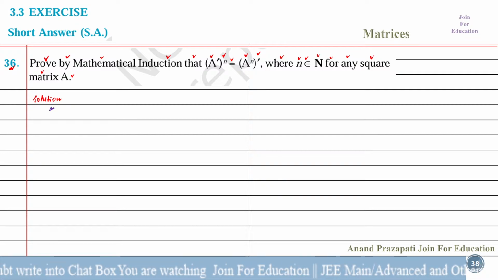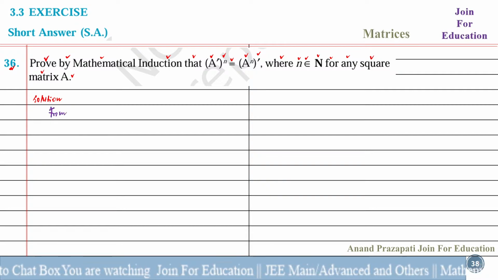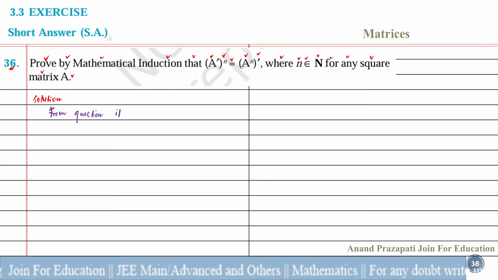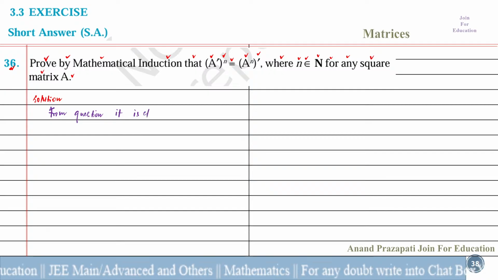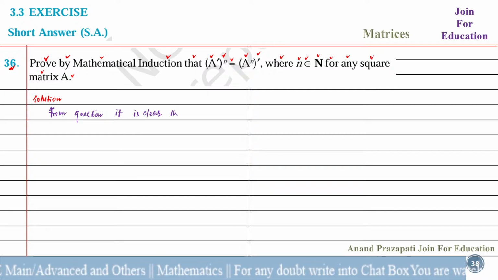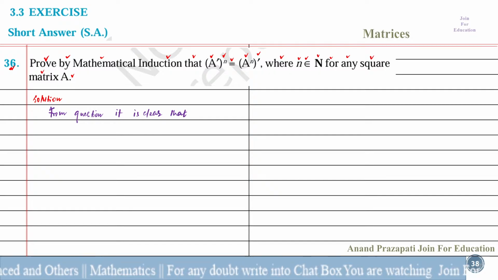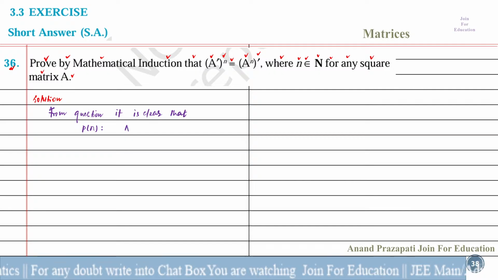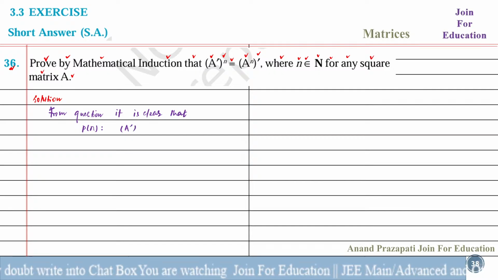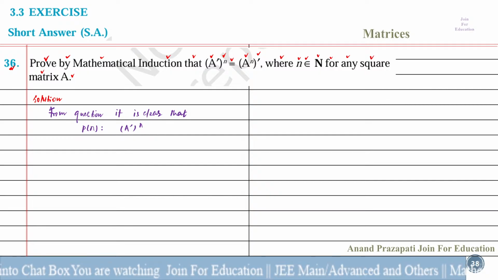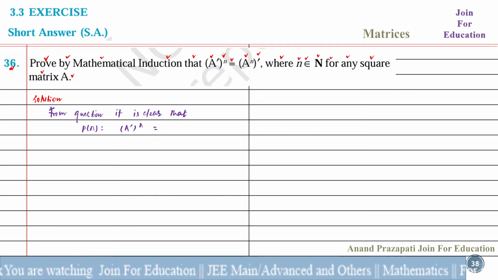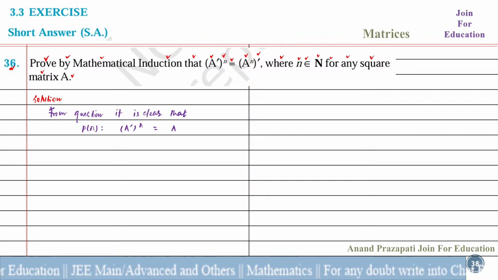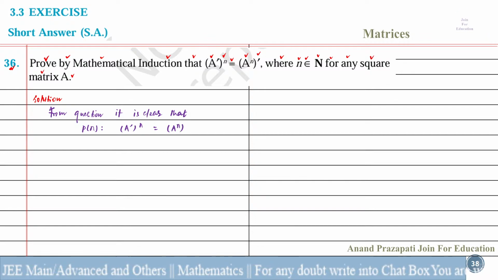We write down here from the question: it is clear that P(n) is (A transpose) to the power n equal to (A to the power n) transpose.